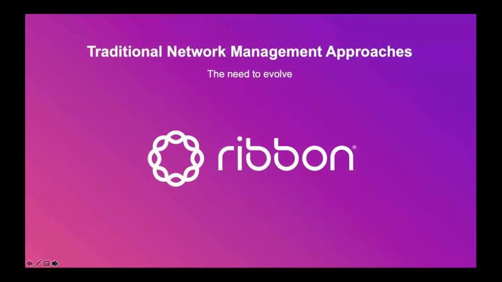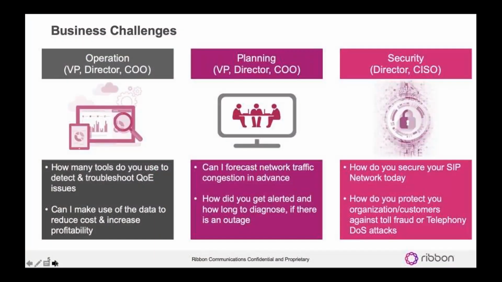So as we get started, let's just talk about some of the management approaches and really the need to evolve. As we look at the business challenges, whether you're on the operations side, the planning side, or even the security side, there are all these different types of challenges that you have, and you need the information to be able to decide how you most effectively are going to resolve those issues.